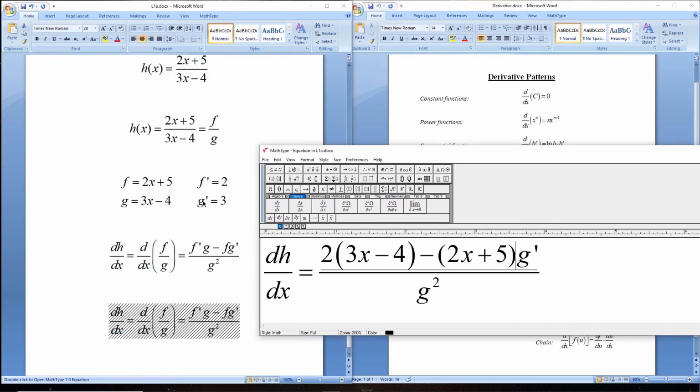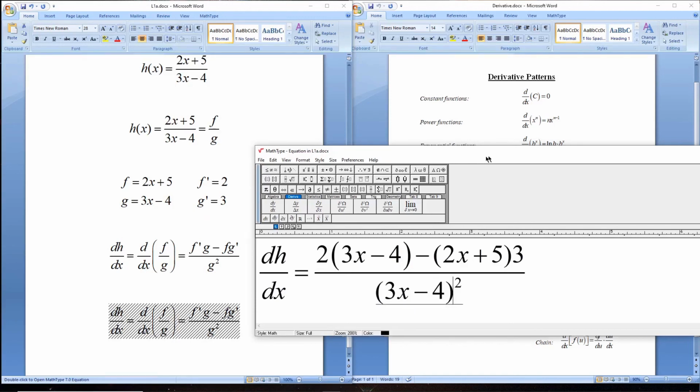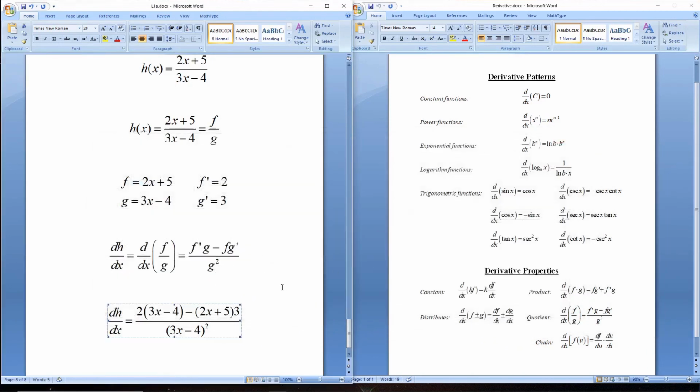And then what is g prime? G prime is 3. And then finally, what is just g? Well, regular old g is 3x minus 4. And that's what we have from plugging our information into the quotient rule.